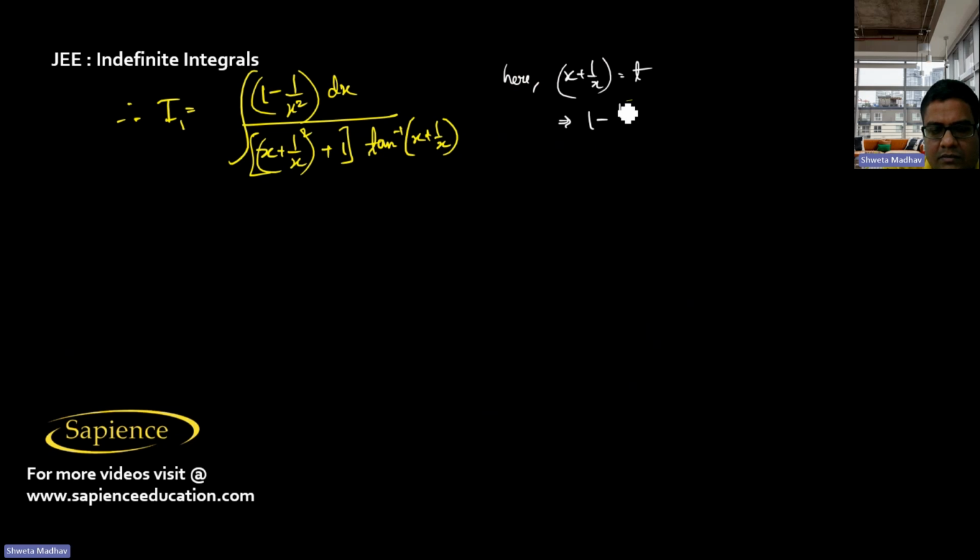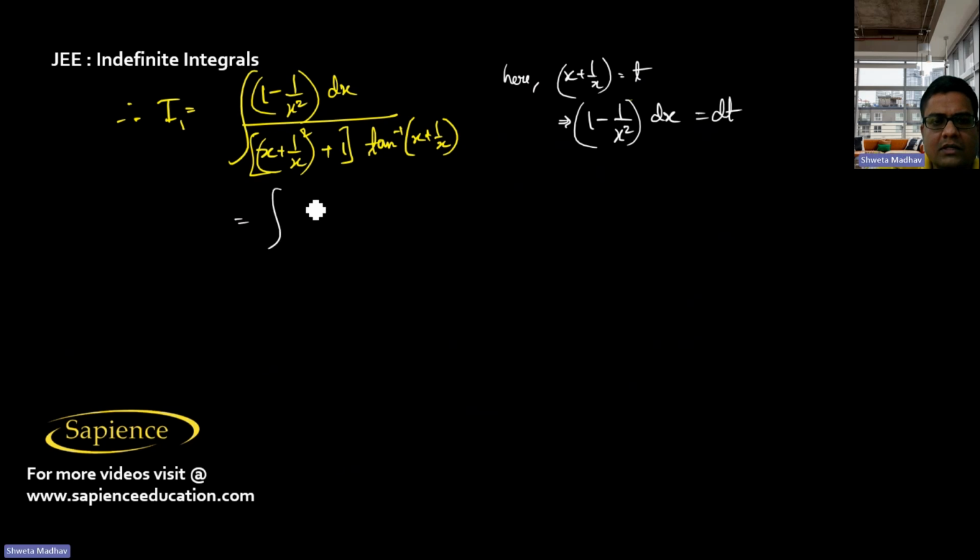Then we will get 1 minus 1 by x square into dx equal to dt.